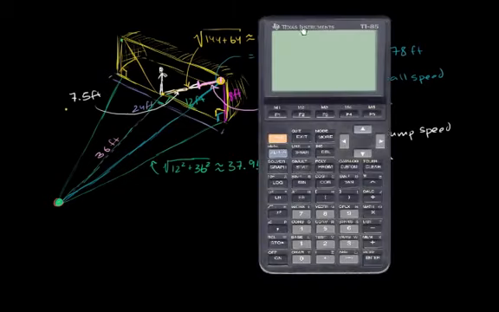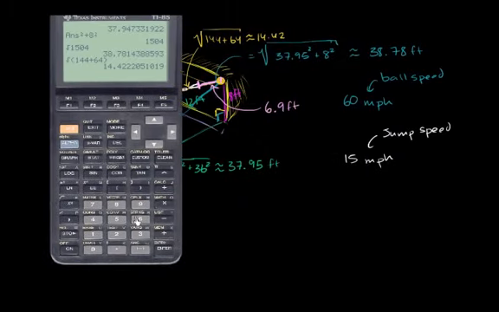So 60 miles per hour, if I want to convert it to feet, we just have to remind ourselves that 60 miles is the equivalent to 60 times 5,280 feet. Each mile is 5,280 feet, so this would give me the total number of feet in an hour.